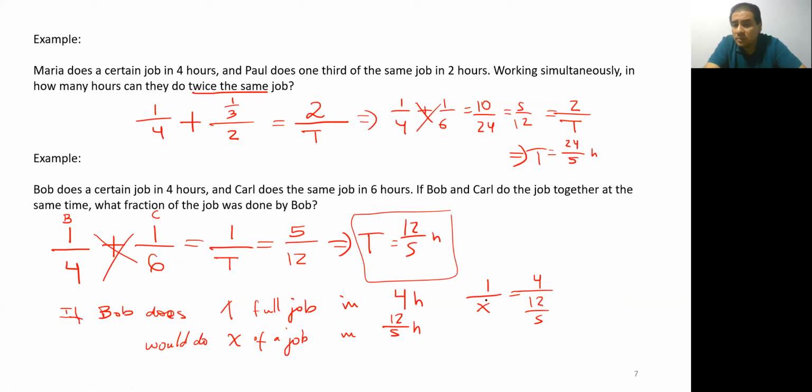So this would be X equals 12 over 5 divided by 4. Simplify, you get 3/5. So that is the fraction of the job contributed by Bob. Since he's the faster worker, he will be doing the bigger fraction of the job.